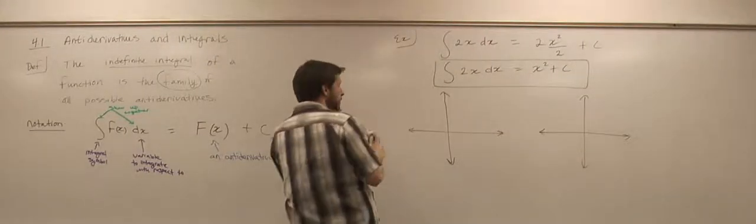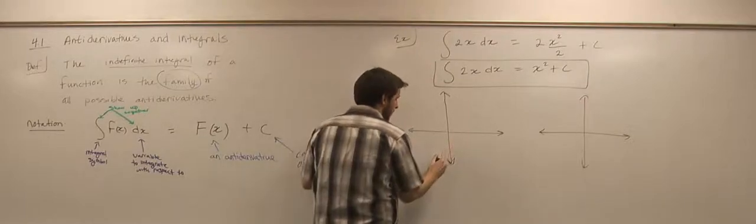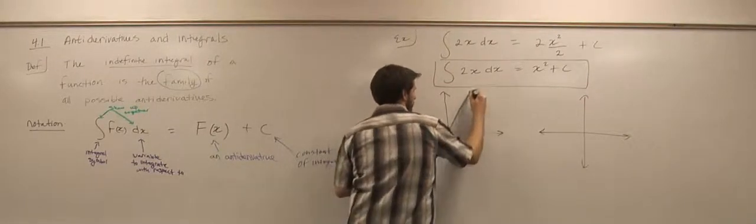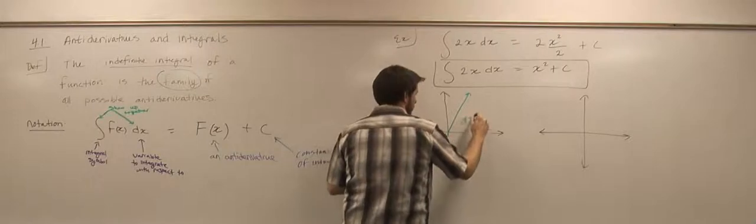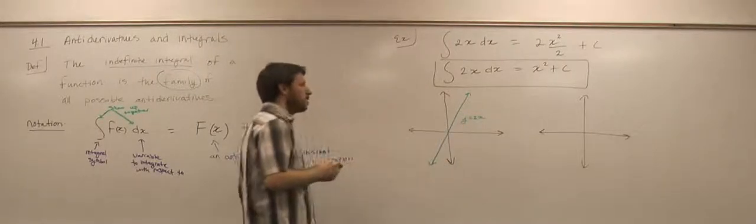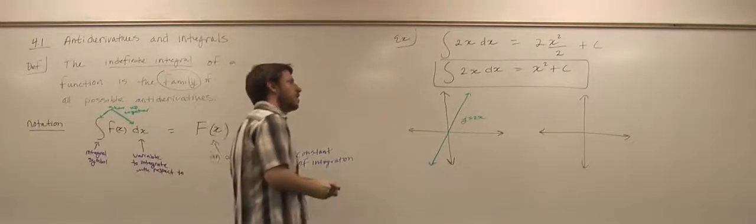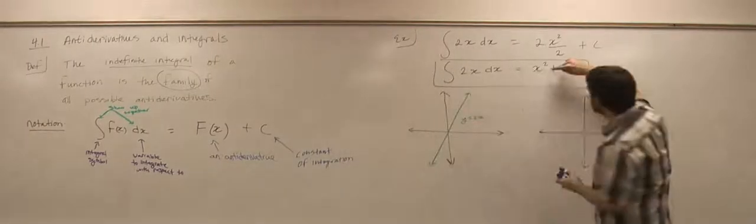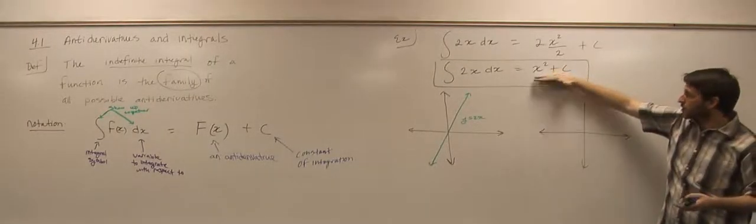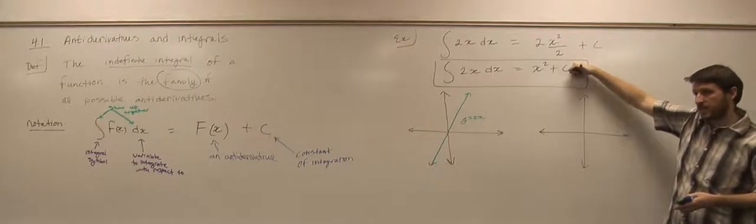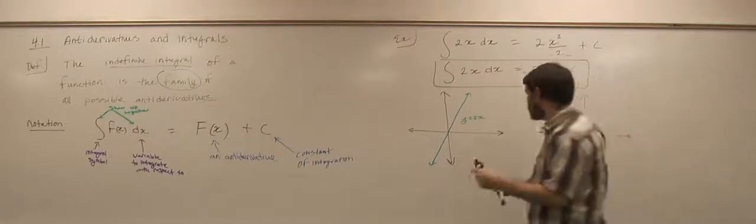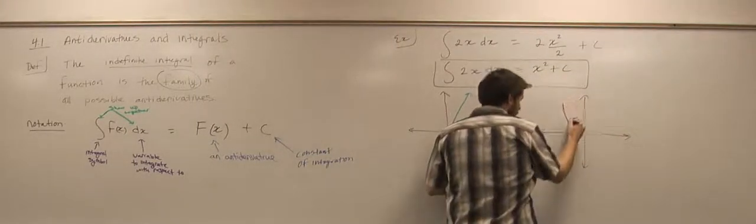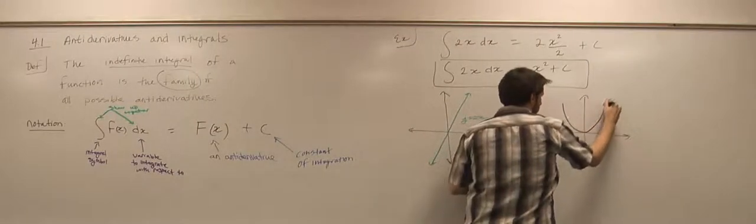So your original function was 2x, which is just a line. But then your indefinite integral was actually a family of functions. So you get a different function every time you plug in a different c. So x squared plus c, well, here's one possible antiderivative.